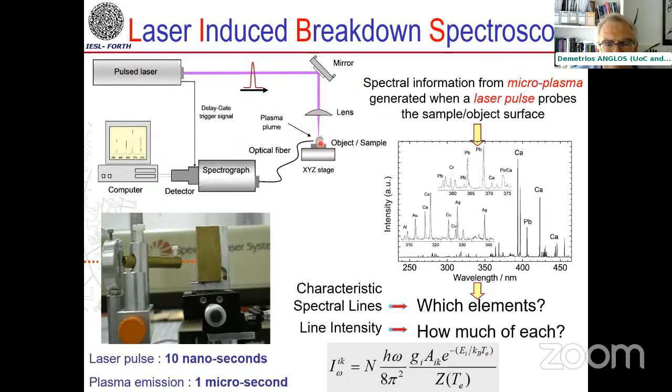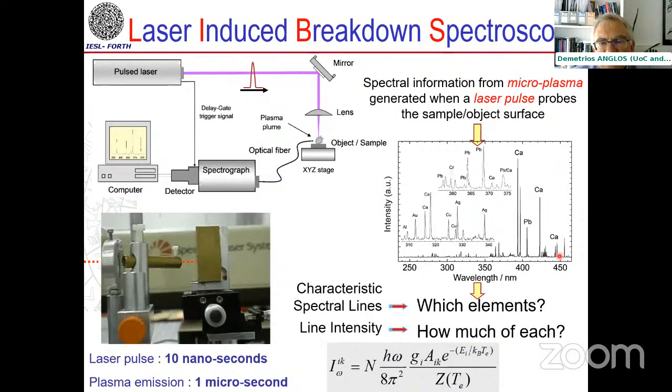In this case, it could be the insulator we mentioned. Plasma is formed on the surface. We collect the emission from the plasma into a spectrograph and a detector, and eventually we get a spectrum, which is an atomic emission spectrum.